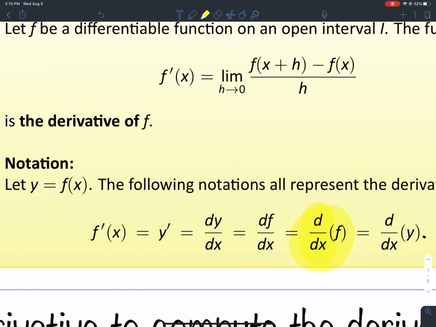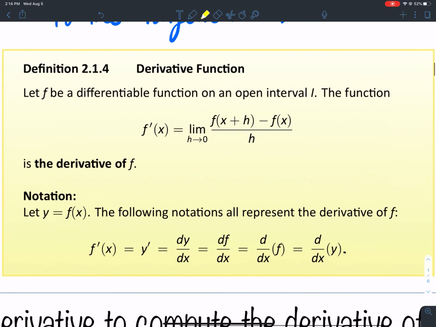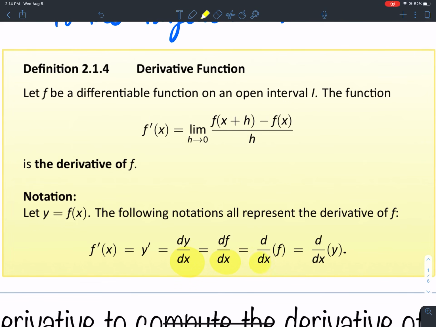The next one is the derivative with respect to x of the function f. And then this one is the derivative with respect to x of y. This dx in the denominator, also known as the differential, this tells us what to take the derivative with respect to, okay? So this little thing in the denominator tells us we're taking the derivative with respect to x.